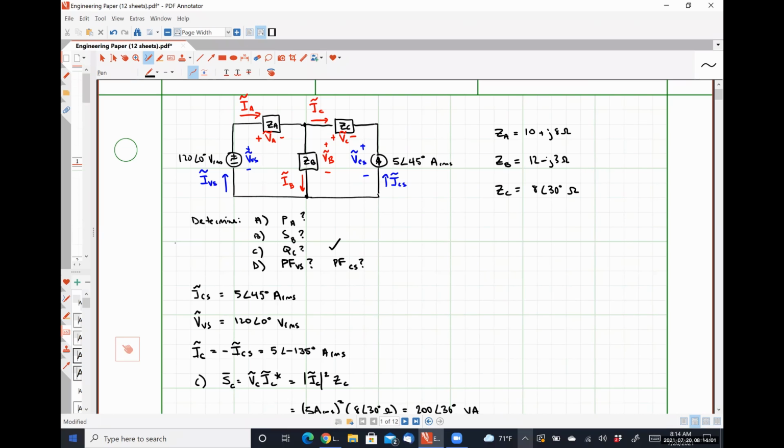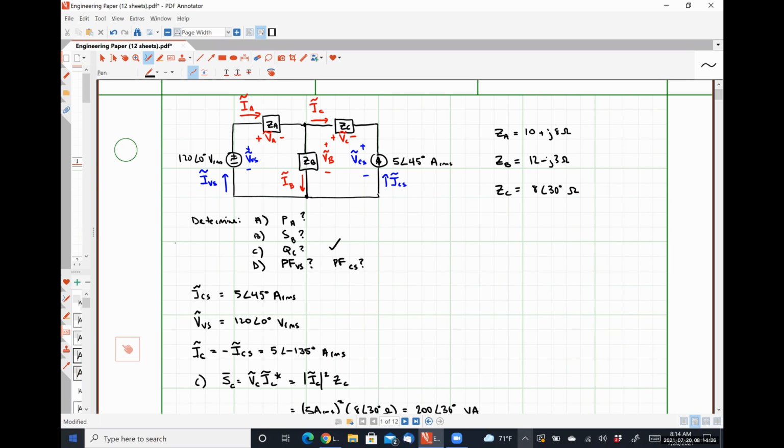Looking at this, I would approach it as a superposition problem. With my voltage source on and my current source off, I can easily figure out what VA and VB are just using voltage division.